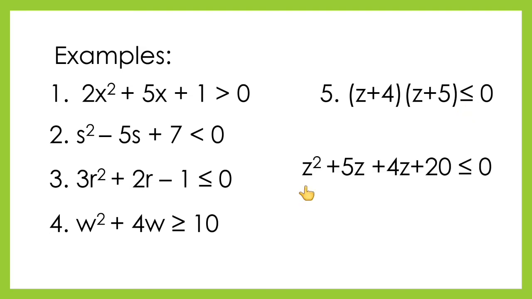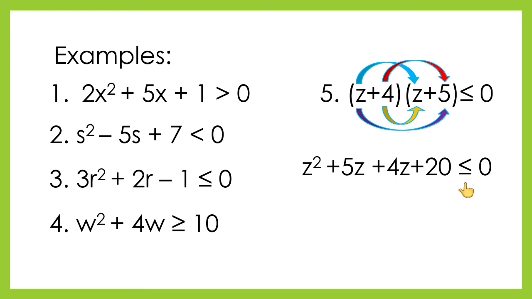Applying the FOIL method, first, z times z is z squared. Outer terms, z times 5 is 5z. Inner terms, 4 times z is 4z. And last terms, 4 times 5 is positive 20.